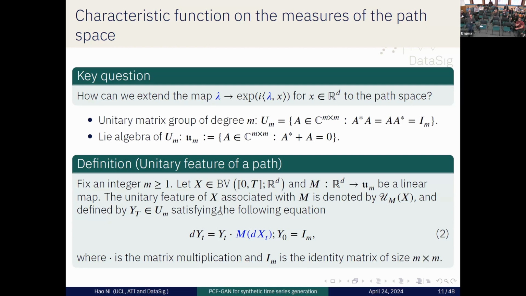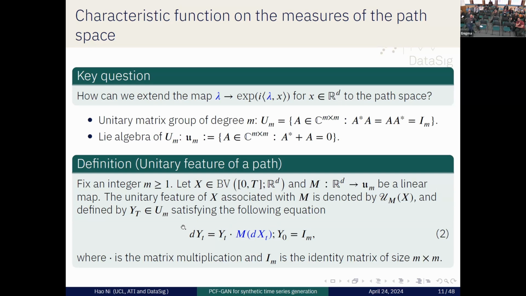The unitary feature of x associated with this linear map M is denoted by this curly UM of x, and it is the solution Y capital T, where Y_t is the solution to this linear controlled differential equation. Here the multiplication is understood as a group operation, so in this particular case it's the matrix multiplication. And the initial point y0 is the identity map.